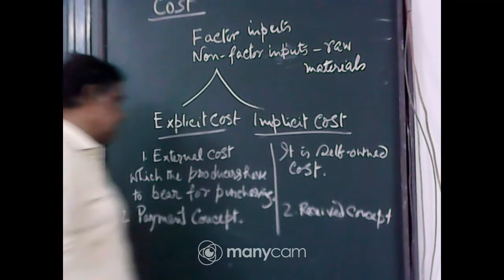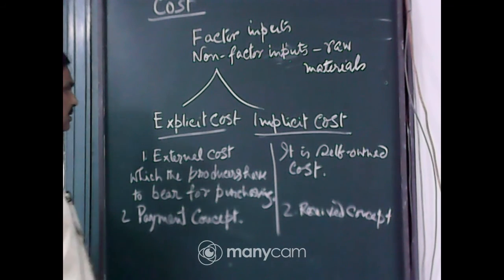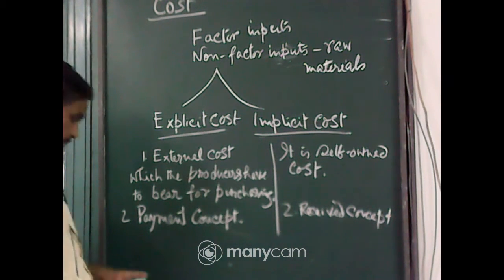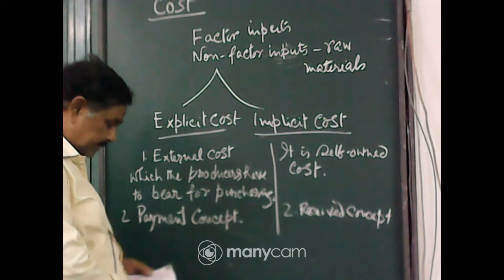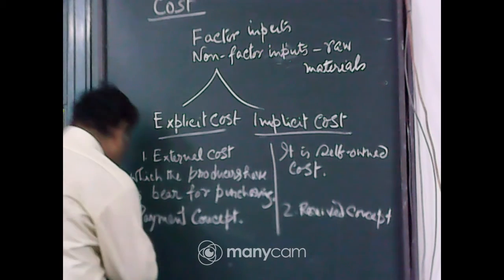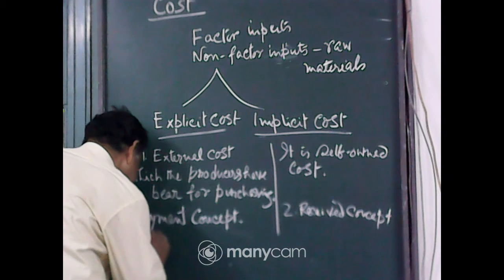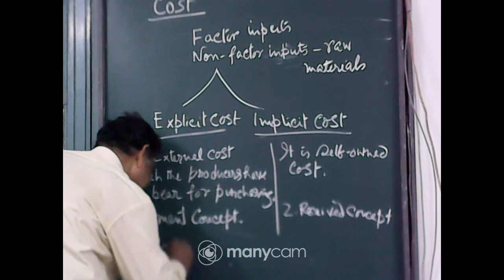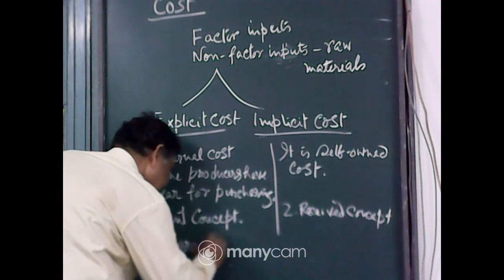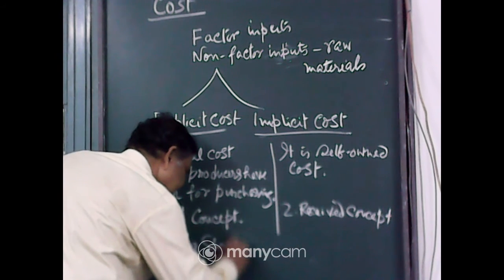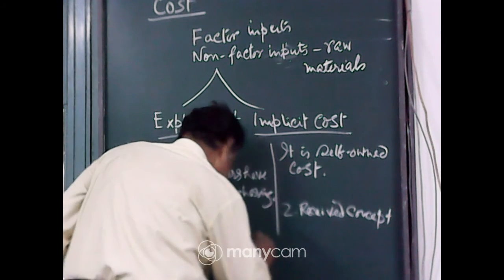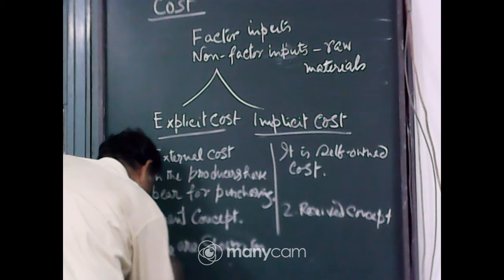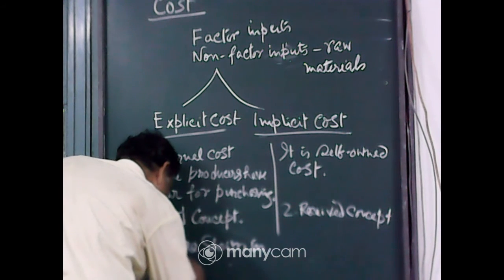These are important points for the difference between explicit cost and implicit cost. Explicit costs are shown in the book of account.